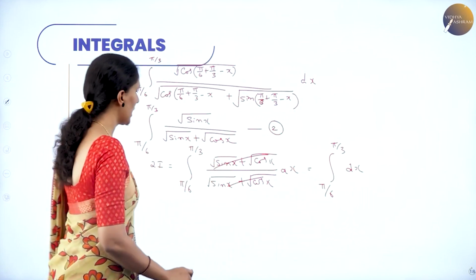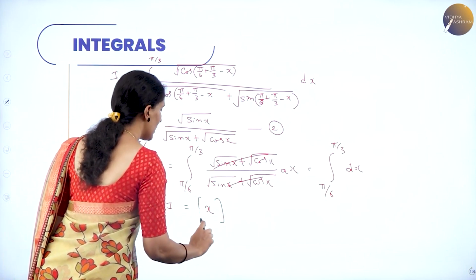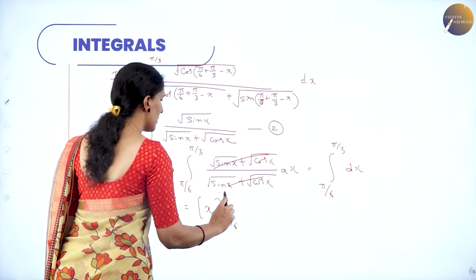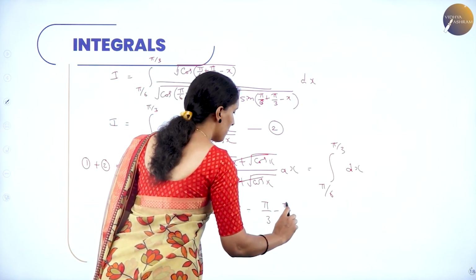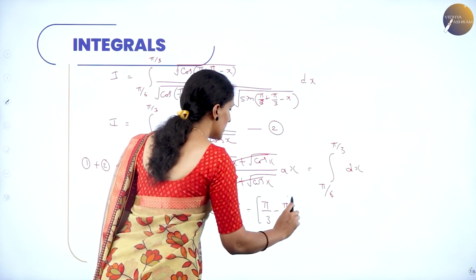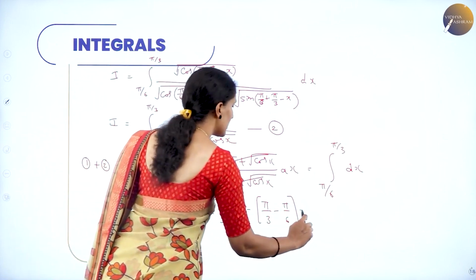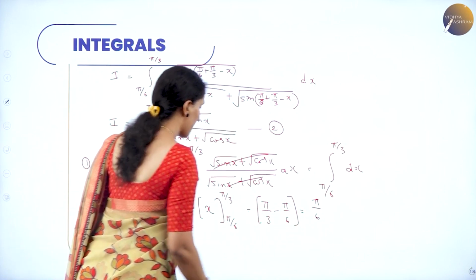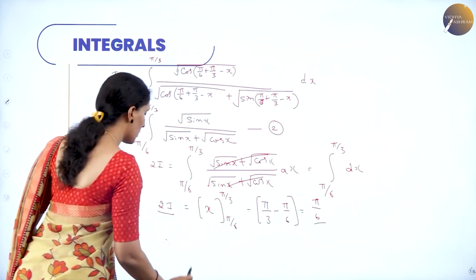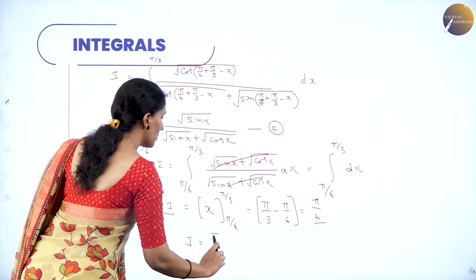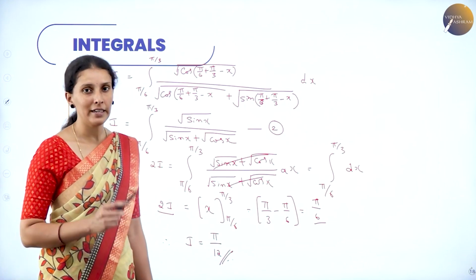So what do we get? x. So 2I is equal to x applied between pi by 6 and pi by 3, which is pi by 3 minus pi by 6, that is 60 minus 30, which is 30. So therefore we get pi by 6. So 2I is equal to pi by 6. What is I? I is equal to pi by 12. So this is the value of the given integral.